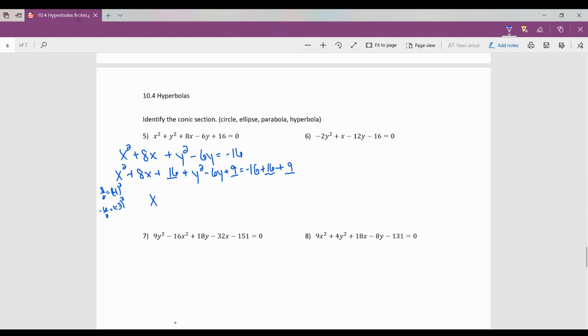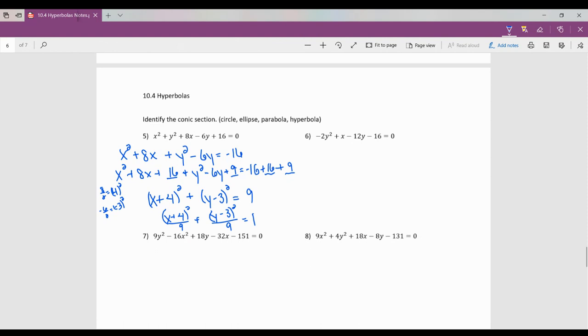So I get x plus 4 squared plus y minus 3 squared equals 9. Okay, I'm going to divide everything by 9 so that it equals 1. So I get x plus 4 squared over 9 plus y minus 3 squared over 9 equals 1.